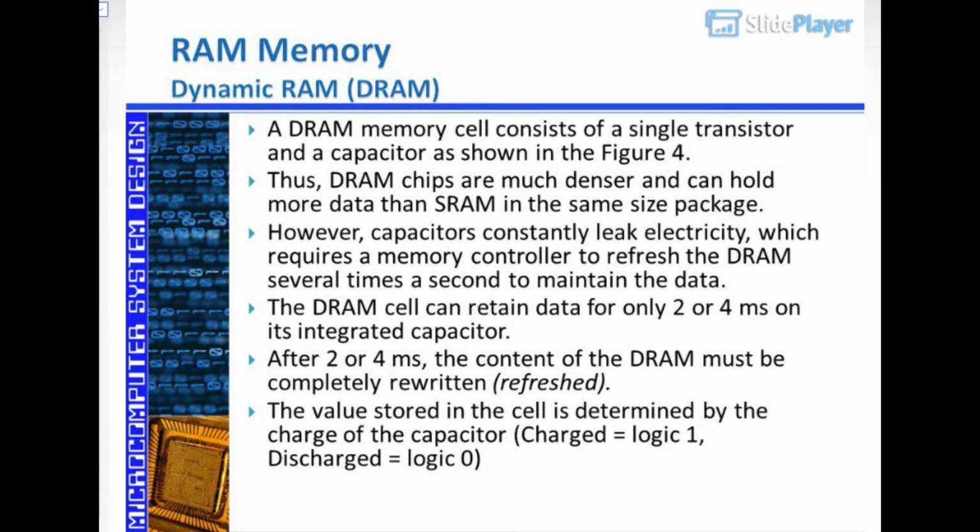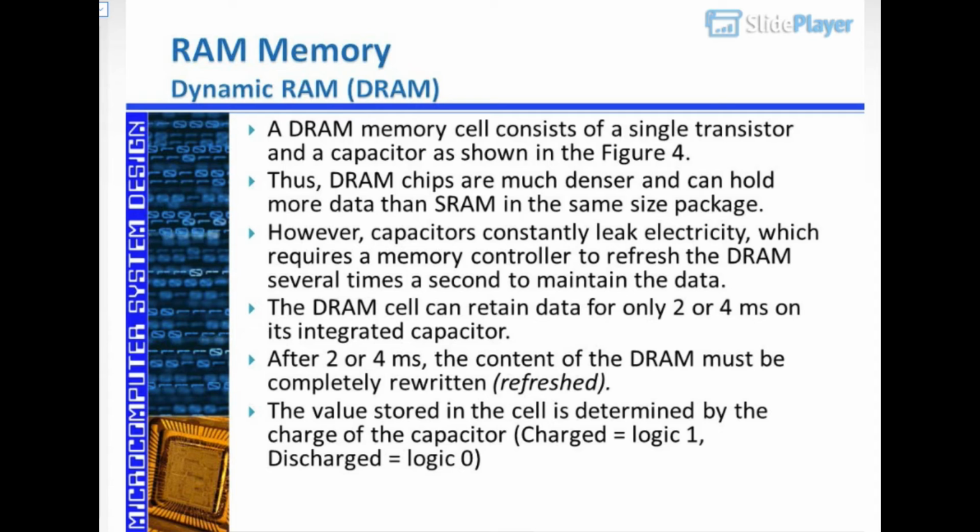RAM memory: dynamic RAM, DRAM. A DRAM memory cell consists of a single transistor and a capacitor as shown in Figure 4. Thus, DRAM chips are much denser and can hold more data than SRAM in the same size package. However, capacitors constantly leak electricity, which requires a memory controller to refresh the DRAM several times a second to maintain the data.